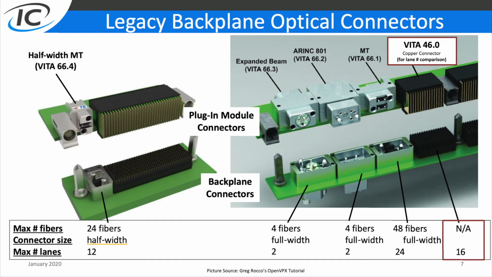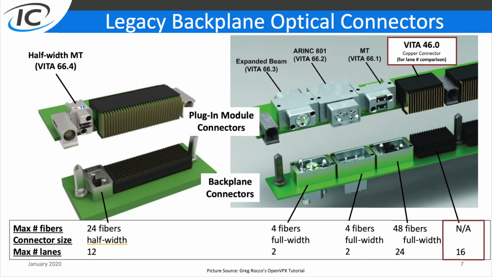And what we can see is that a VITA 46.0 connector supports 16 lanes, whereas a 66.3 connector only supports 2 lanes, .2 connectors, also 2 lanes, .1 connectors, 24 lanes. And at the bottom left, we can see that a 66.4 connector supports 12 lanes in a half-width connector.